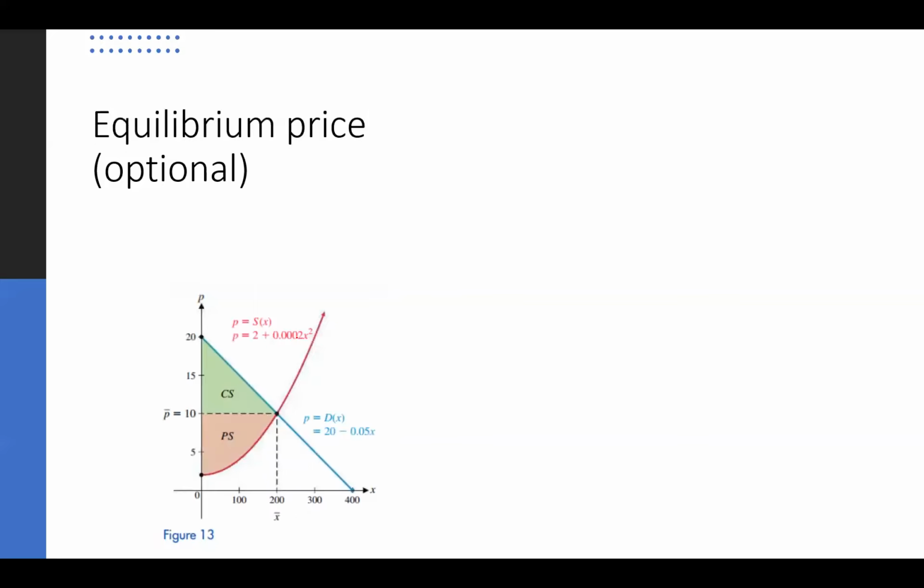All right. And lastly, we have the equilibrium price. Again, it can be identified by equating the demand curve and the supply curve to solve for the price and the corresponding quantity, and from there we can calculate what is the consumer's surplus and what is the producer's surplus.